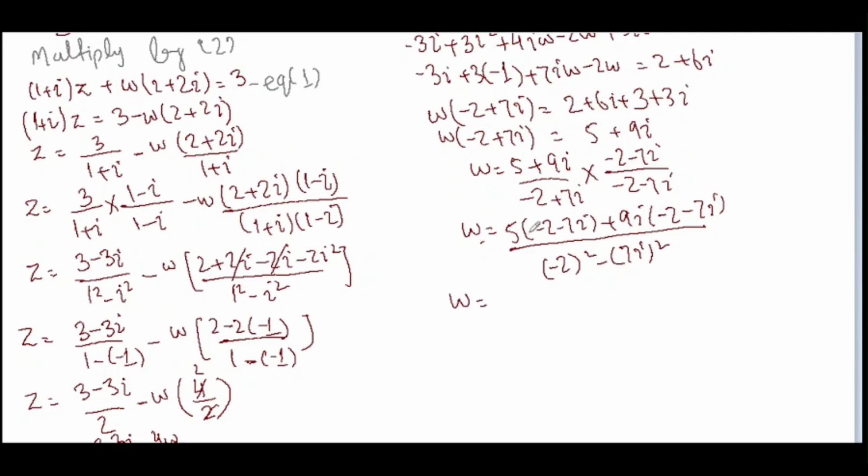w equals 5 into minus 2 is minus 10, minus 35 iota. 9 into minus 2 is minus 18 iota.